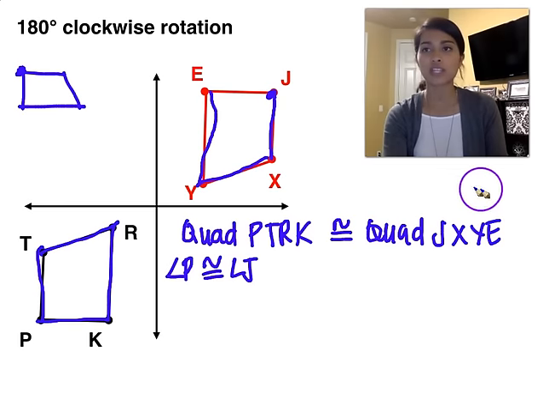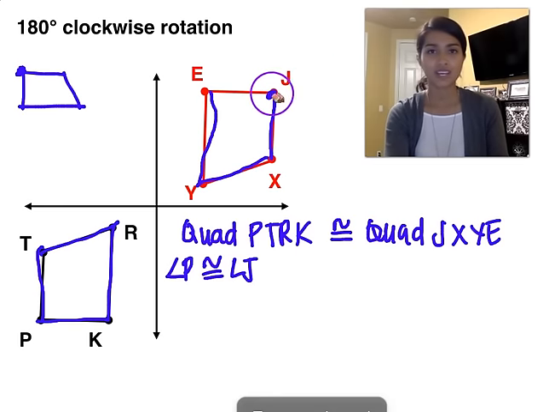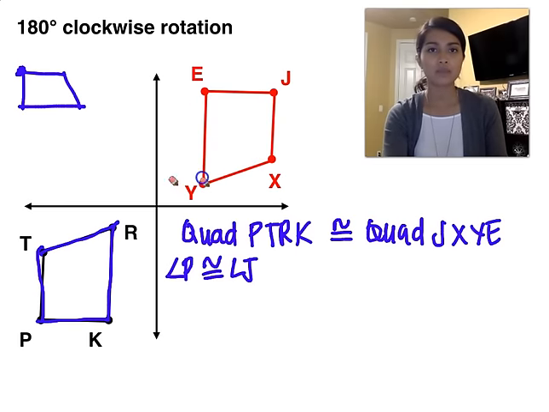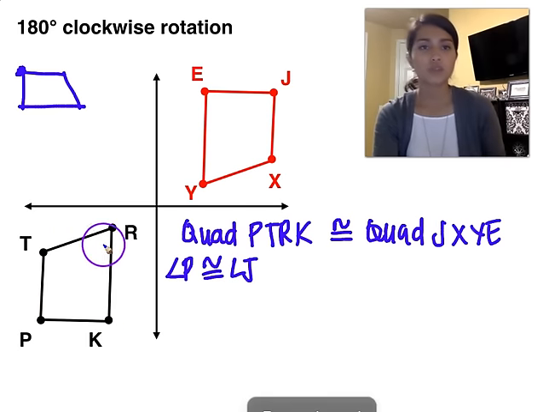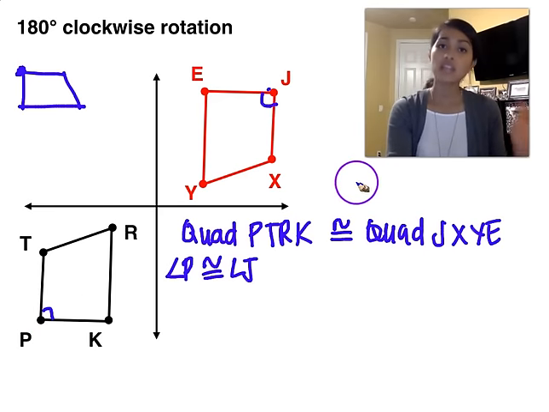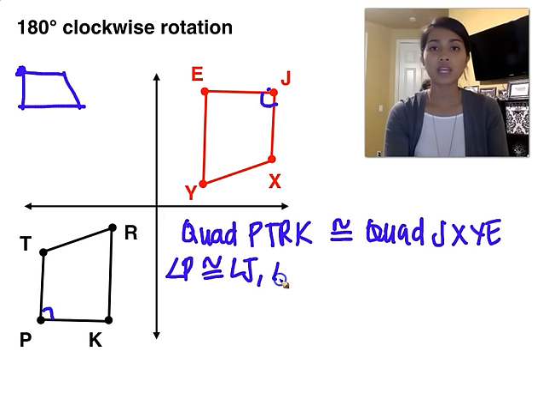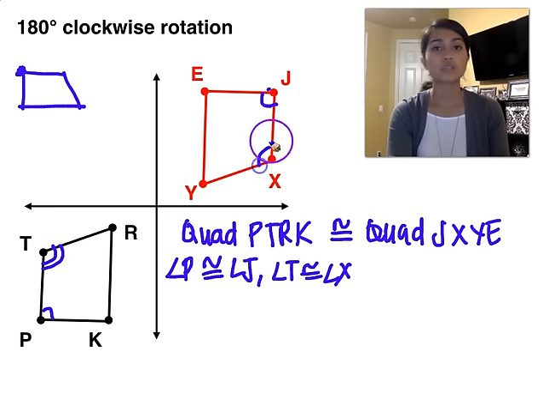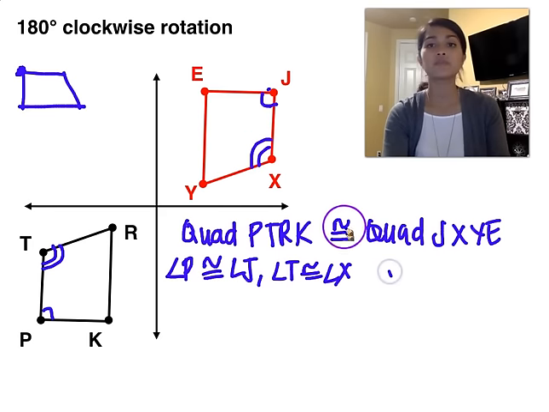Let's double check that real quick and erase all of this messiness and see what we have. So angle P is congruent to angle J. That looks about right. Okay, angle T, the second one, is congruent to angle X, which is also the second one. Putting 2 tick marks this time, T and X. So far, it's still looking good.